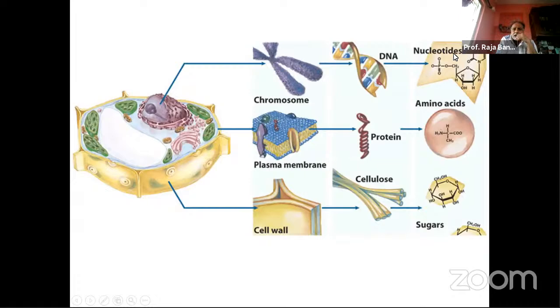The basic unit is the nucleotide, and we all know nucleotides are made of three parts. Then we find the plasma membrane, which has a lipid bilayer and proteins, and the amino acids are the building blocks. The third part, which makes the cell wall and other things, is the carbohydrate, sugar.